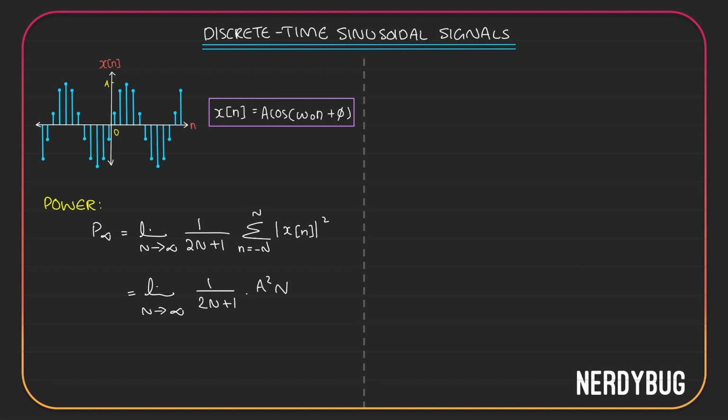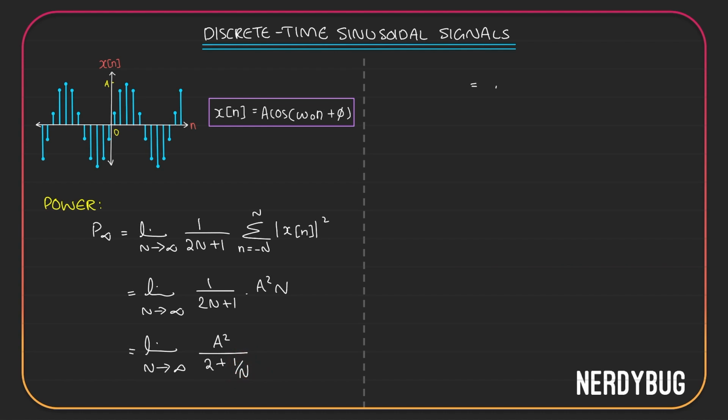Let's divide the numerator and denominator by N. If you divide the numerator A square N by N, it will become A square. Here if you divide by N, N and N get cancelled. Here if you divide by N, you get 1 by N. So this becomes limit N tends to infinity, A square divided by 2 plus 1 by N. Now N is a huge value, it tends to infinity. 1 by N will become 0.